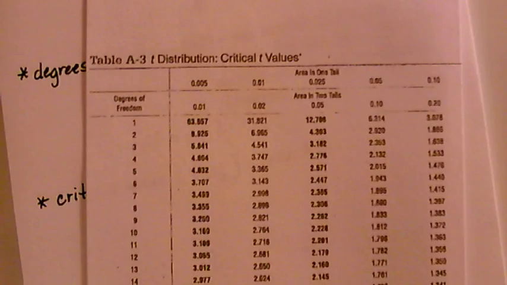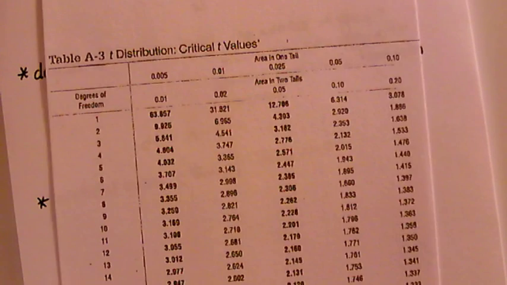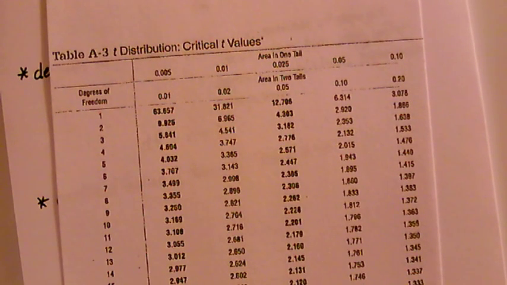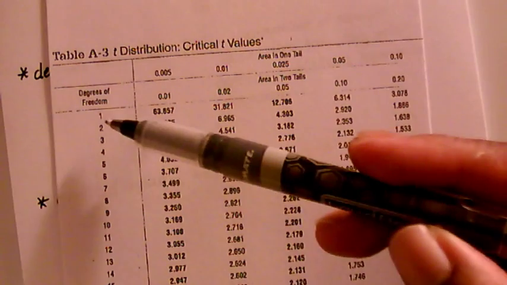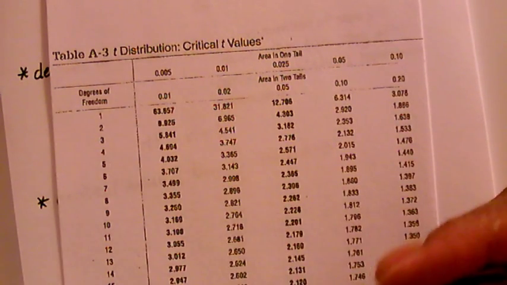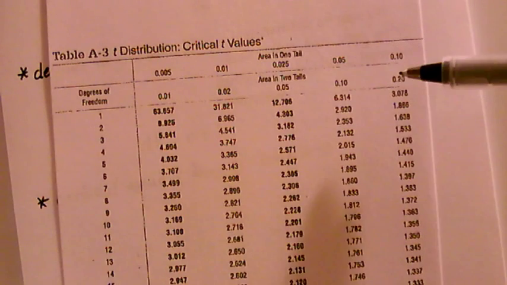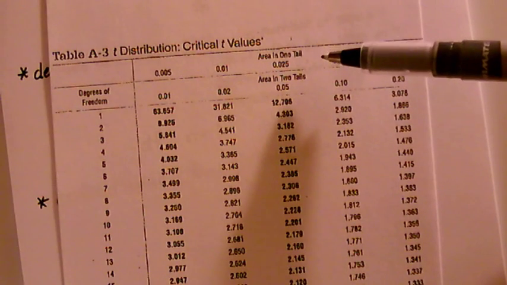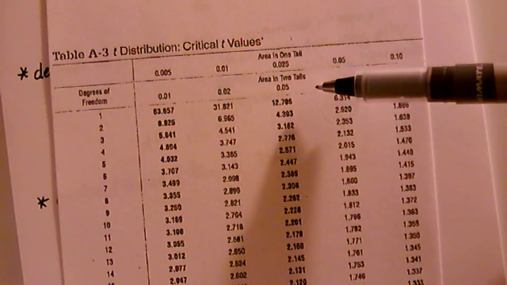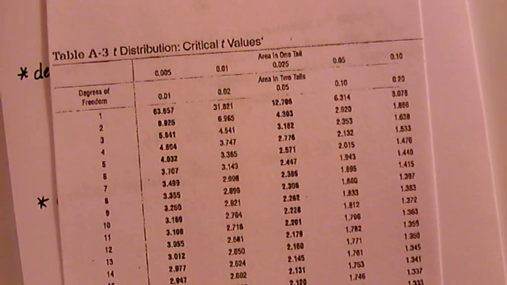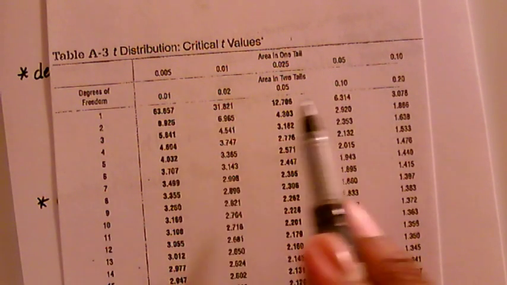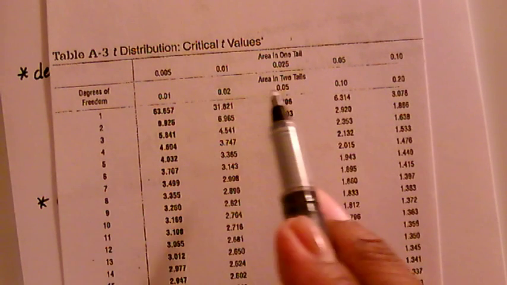I might need to bring this down so you can see the heading. So here, this is what table A-3 looks like. It's t-distribution critical t-values. On the left-hand side, you see the degrees of freedom. There are 2 rows on top. One is the area in one tail. The other one is the area in 2 tails. Since we're dealing with a confidence interval, we're only going to use the area in 2 tails.